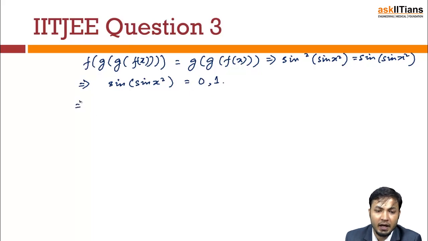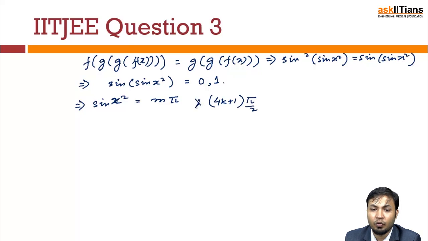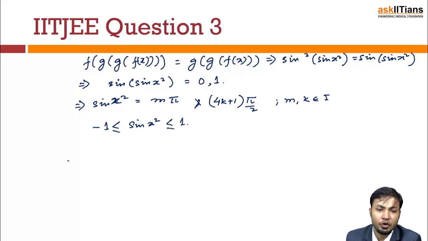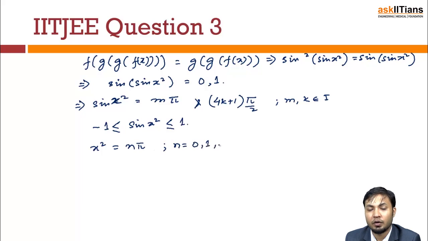So for that case, I can get that sin x square is equal to some m pi, or (4k plus 1) pi by 2, where m and k belong to integers. Alright, but I know that sin lies in this region, so for this I have x square equal to some n pi, where n equals 0, 1 and so on.